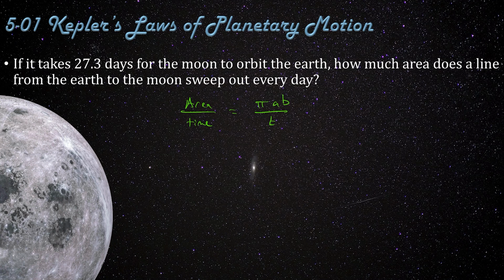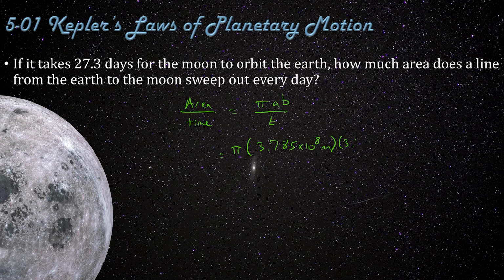Our A from our last problem, we're going to change to meters now, is 3.78 times 10 to the 8 meters. Let's just take our kilometers and times by 1,000.